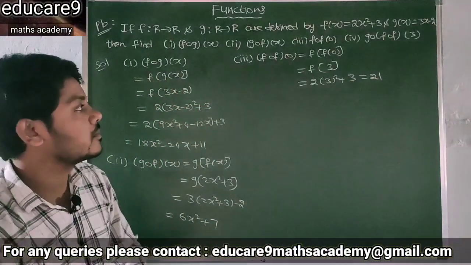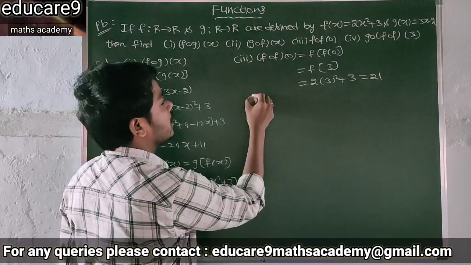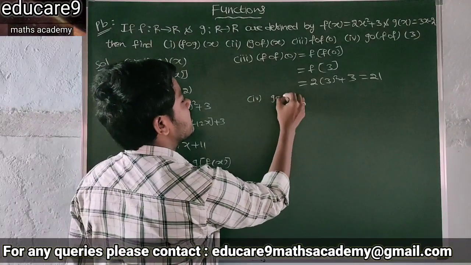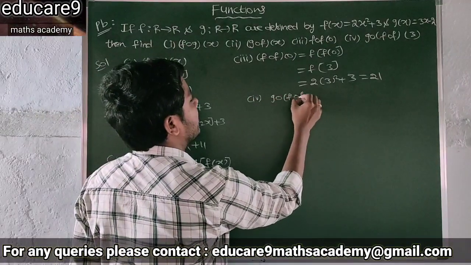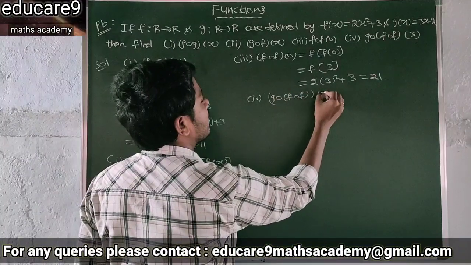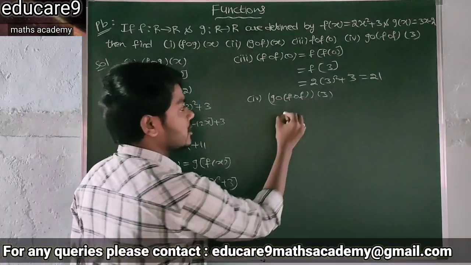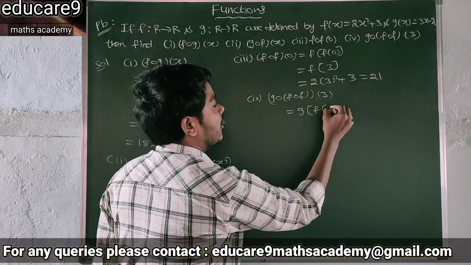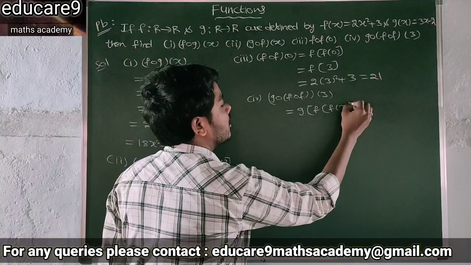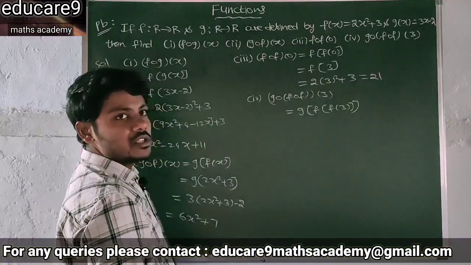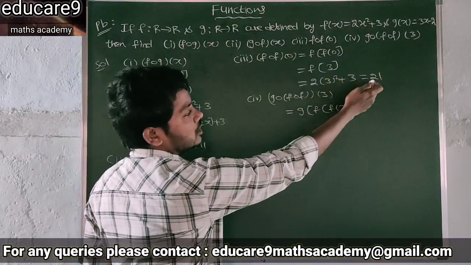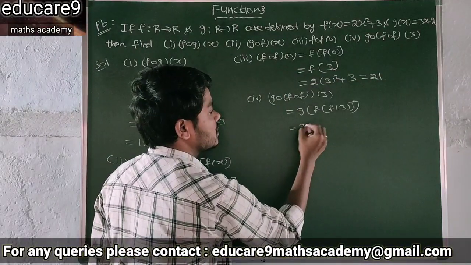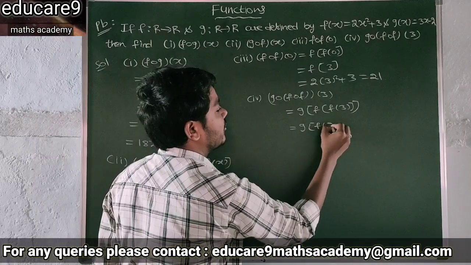Okay. Now fourth one. g circle f of 3. So this can be written as g of f of 3. Okay. So what is f of 3 value? 21. So this is g of 21.